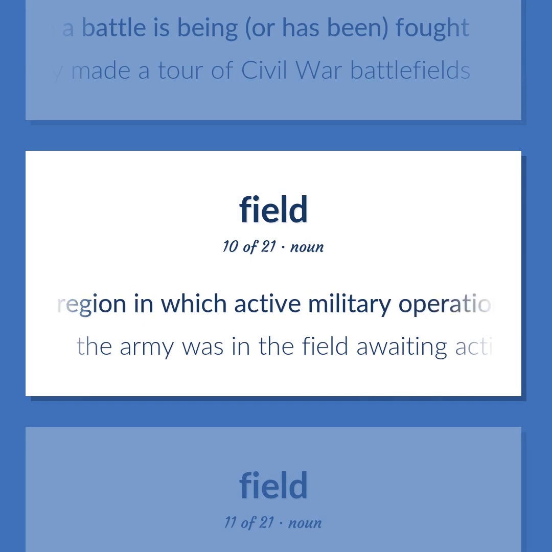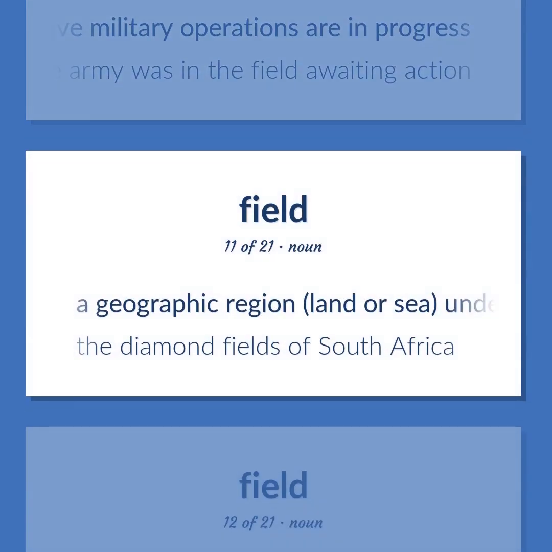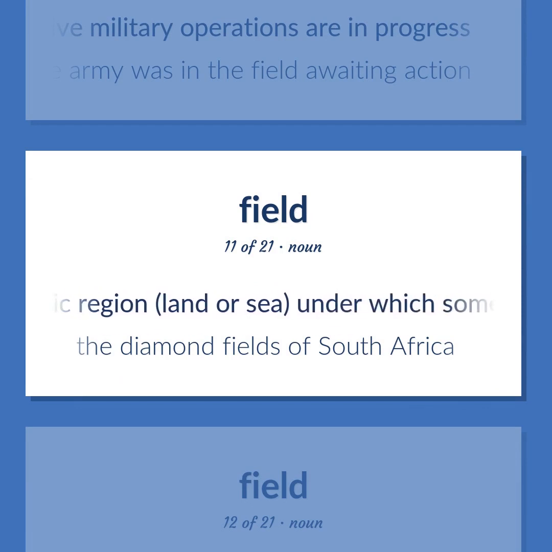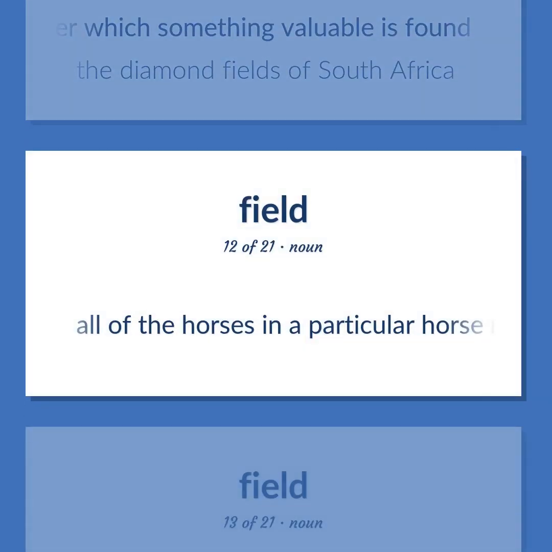A region in which active military operations are in progress. The army was in the field awaiting action. A geographic region, land or sea, under which something valuable is found. The diamond fields of South Africa. All of the horses in a particular horse race.